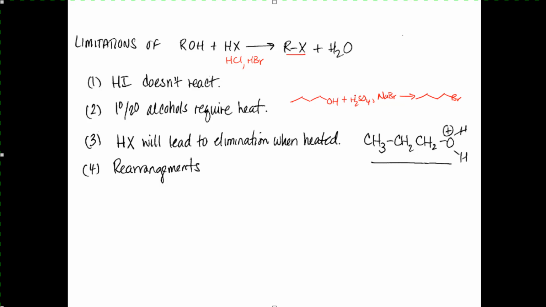That experiment is going to be modified in the future, but what would happen is the sulfuric acid would protonate the OH group and form an oxonium ion, and then the bromine would come in and do SN2 on that. And this would take a 45-minute reflux, meaning that we would boil the solution for 45 minutes to get this reaction to go.